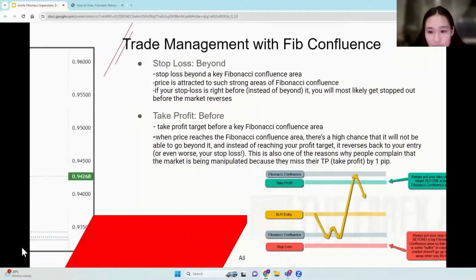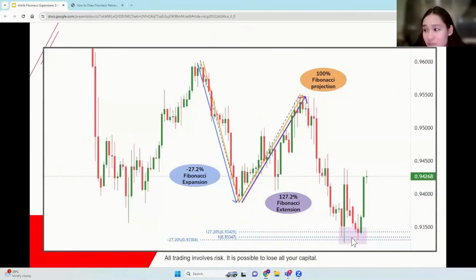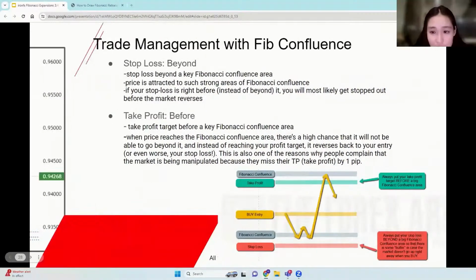Like I mentioned over here, for example, it's just the wick of the candlestick that touches these levels. The actual body of the candlestick doesn't even touch it. So you want to make sure that you catch these levels before they reverse off of them, and this trade management technique helps you with that.